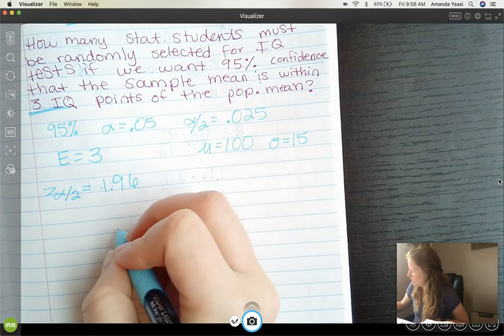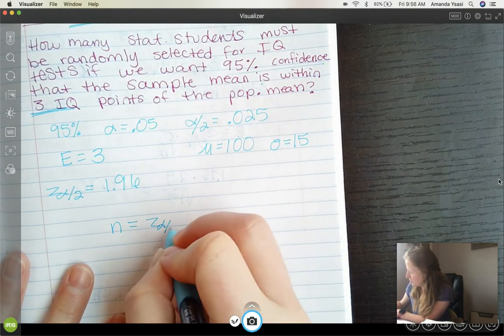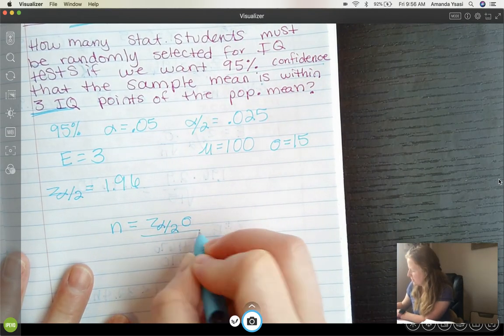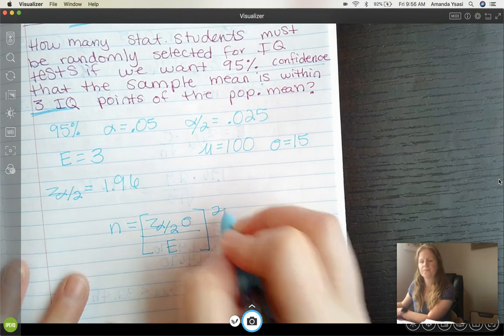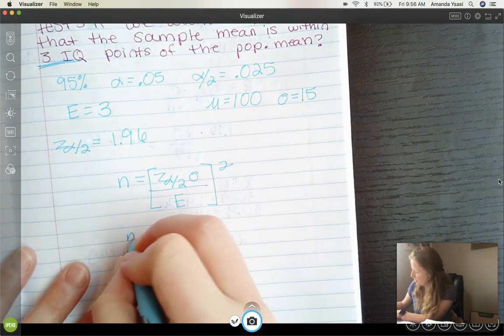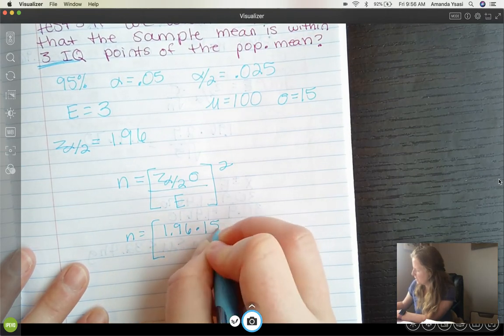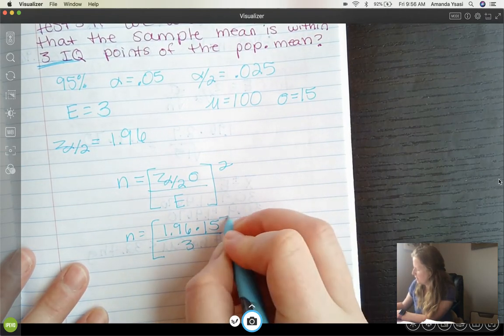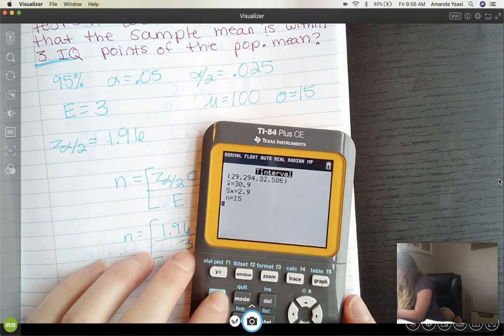Then for our n, we're going to use that formula: z alpha over 2 times your standard deviation over your margin of error, all squared. So we plug that in: 1.96 times 15 over 3, squared.